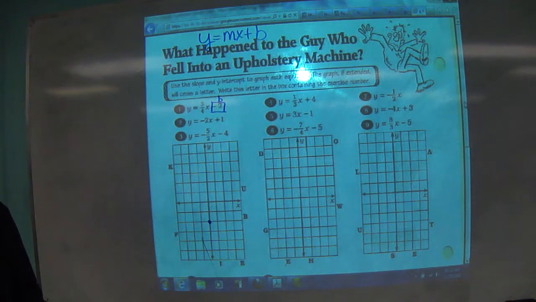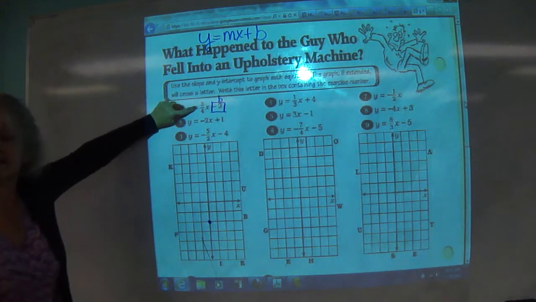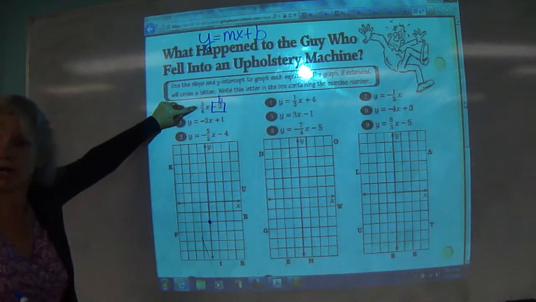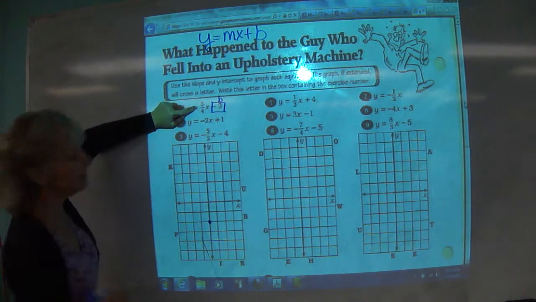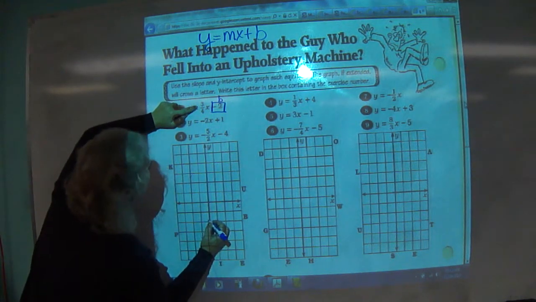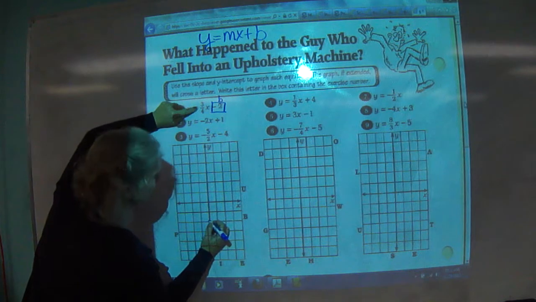Mark that point, because that's where you're going to start counting your slope. Your slope is easy and fun. It's just rise over run. What's the rise? 3. From your y-intercept, count up positive, so +3.